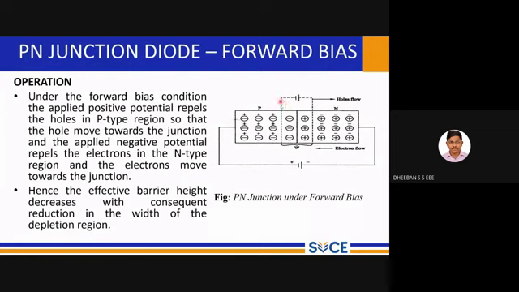If it was this much length at first, it will slowly decrease. If the applied voltage is above 0.3 or 0.7, then the entire depletion layer diminishes.